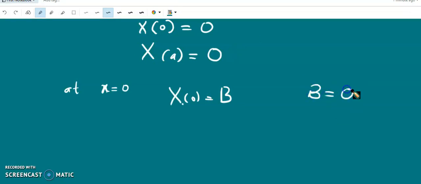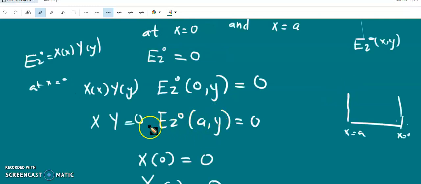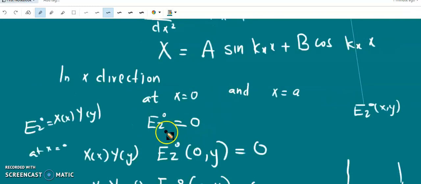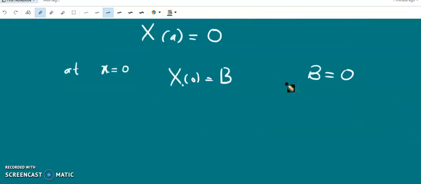So our solution is X equal to A sin kx x alone, since B equal to 0.